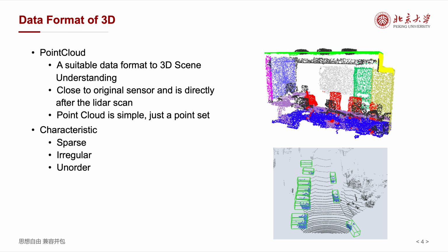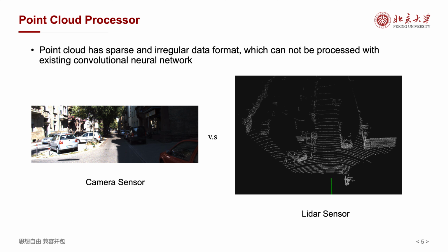Traditional grid-based operations are not useful for unordered point cloud data. Point clouds are widely used in autonomous driving due to their resilience to lighting, making them valuable for accurate perception in challenging scenarios.